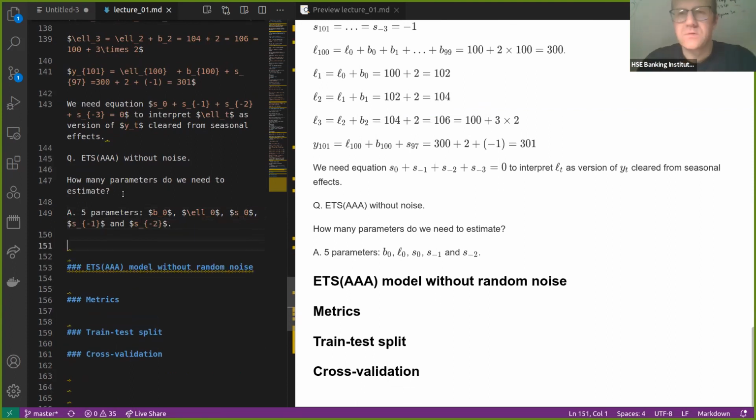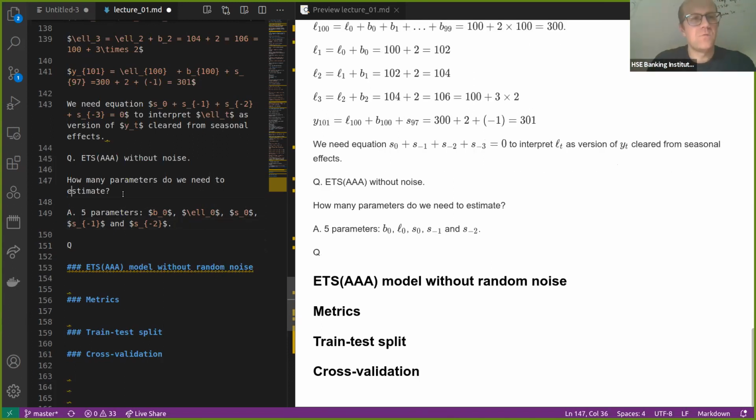One more question. How many parameters in the ETS AAA model without noise? For the moment, without noise. We will introduce noise in a moment. That was the answer for quarterly data. And how many parameters do we need to estimate for monthly data?